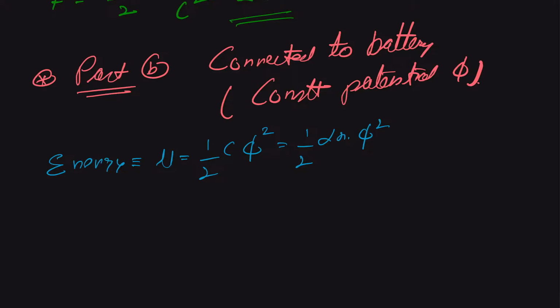And so it means, as the battery is connected, that will result in a constant potential. Okay. And we can easily solve this. That's not much of a problem. So we can say that the force on the plate will be associated with the change in the total energy of the system, and here the total energy will now be associated with our capacitor as well as our battery.